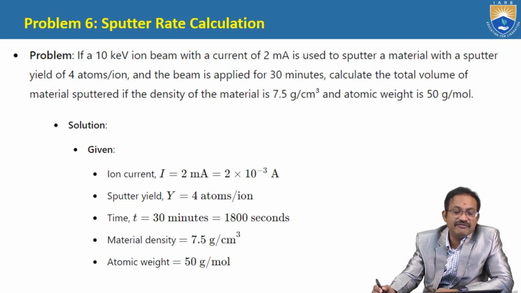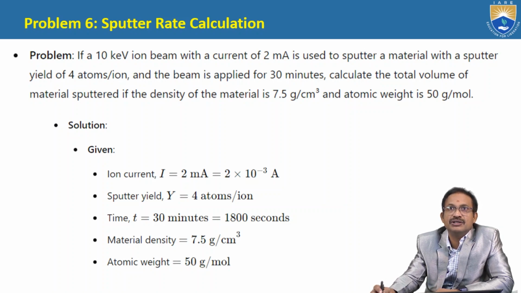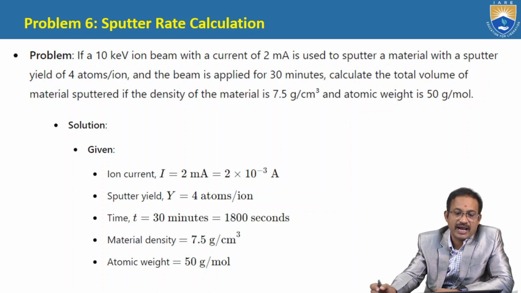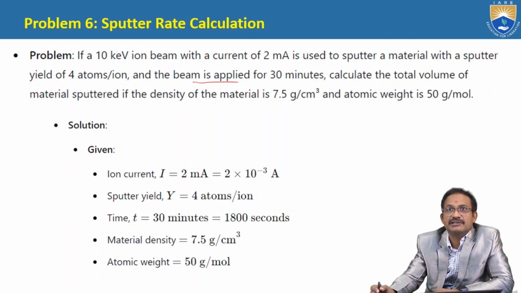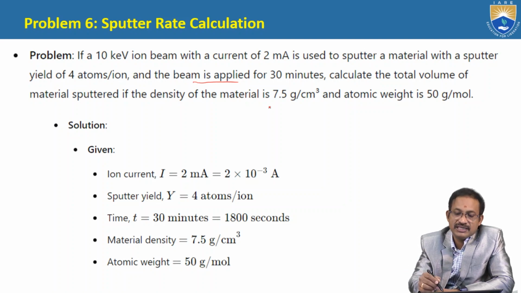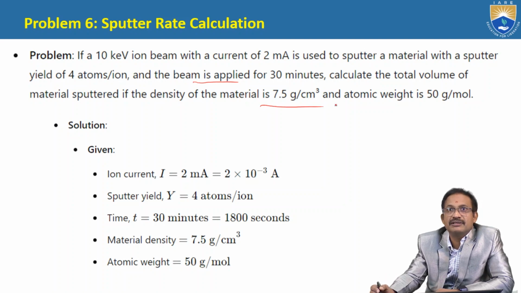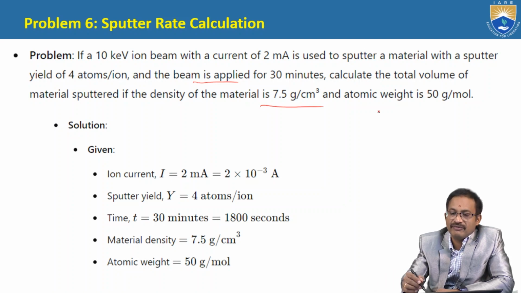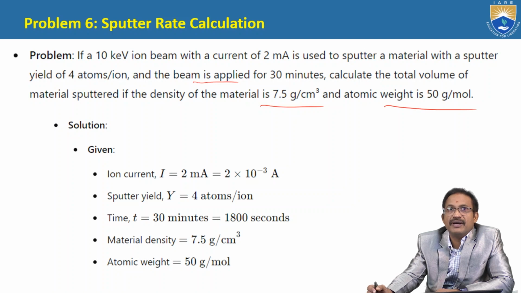If a 10 keV ion beam with a current of 2 milliamperes is used to sputter a material with a sputter yield of 4 atoms per ion, and the beam is applied for 30 minutes, calculate the total volume of material sputtered if the density of the material is 7.5 grams per cubic centimeter and atomic weight is 50 grams per mole.